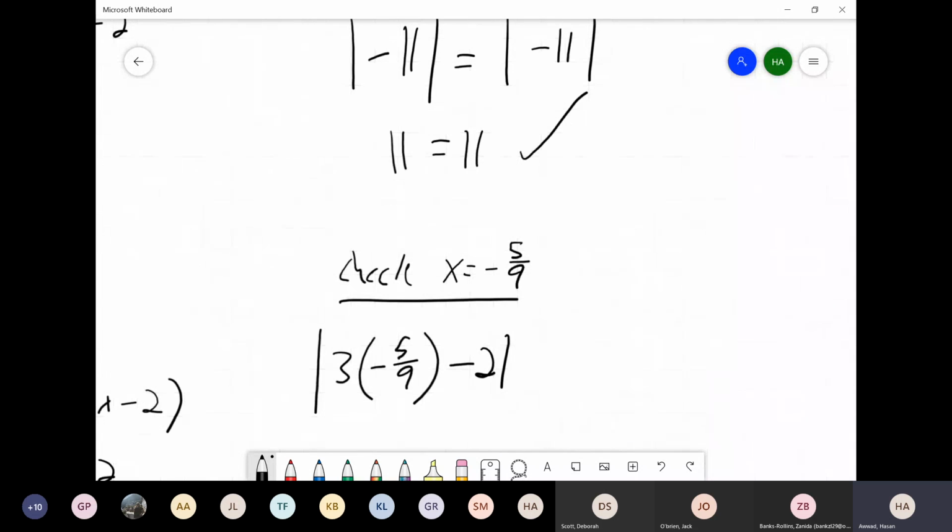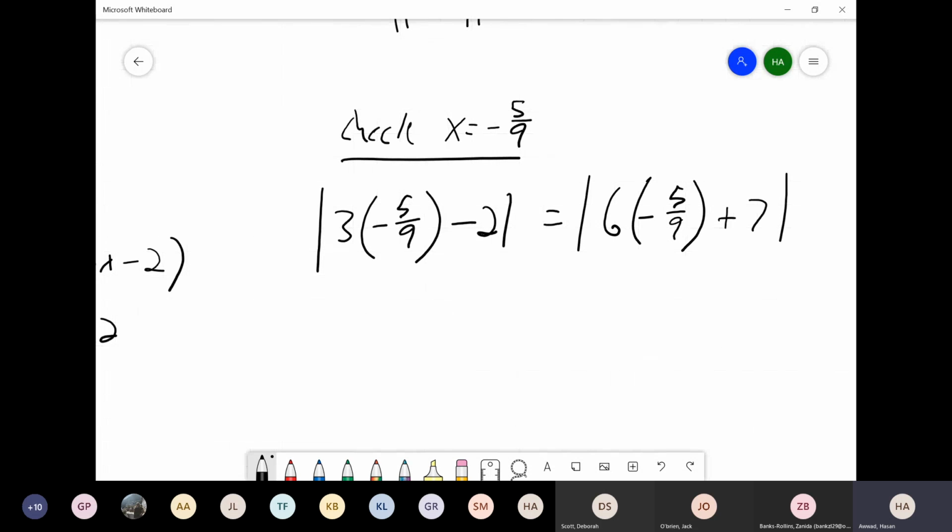And then on the other side, the absolute value of 6 times negative 5/9, plus 7. So we have to do the same thing that we did for the previous example, where we have fraction multiplication and subtraction. Unfortunately, that's just life sometimes.